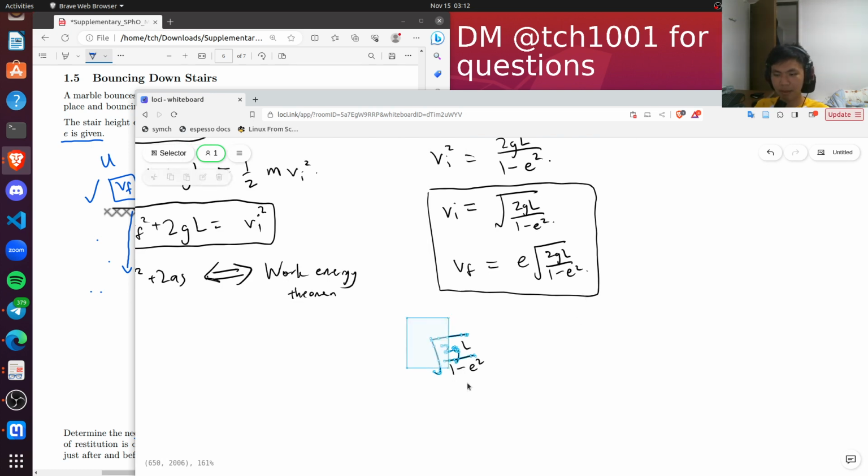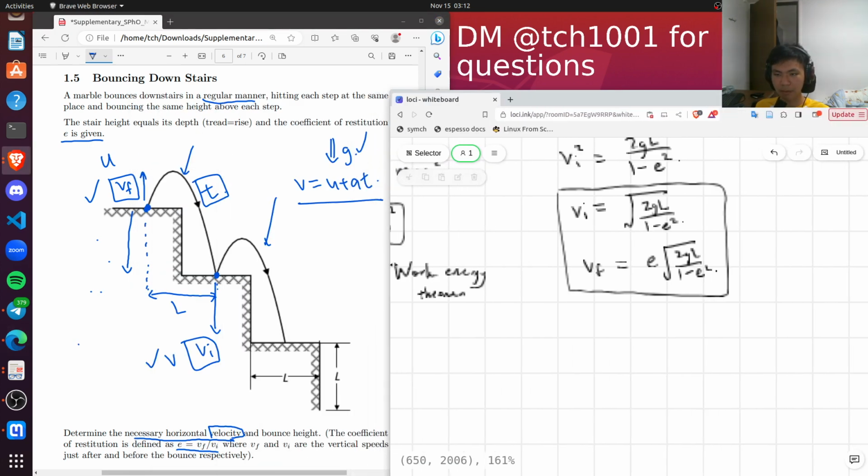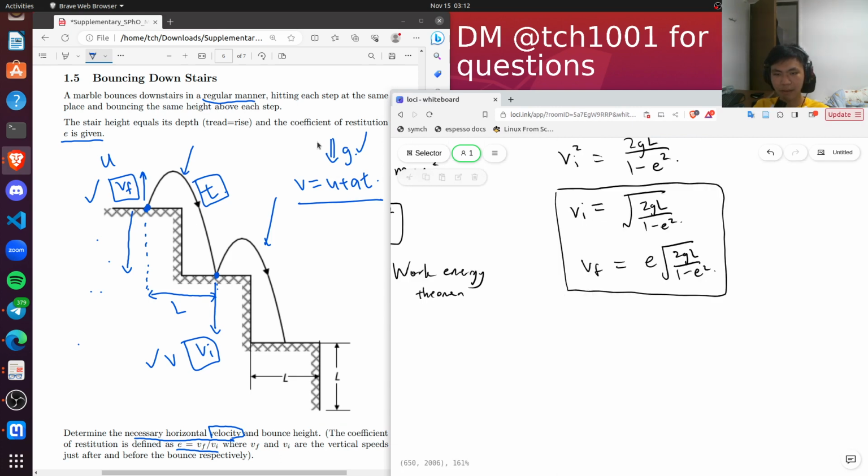There's a way we can do this more systematically: V equals U plus at. We need to be careful with the signs here. The initial velocity is downward, so let's take downwards as positive.